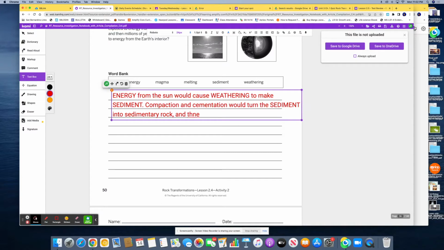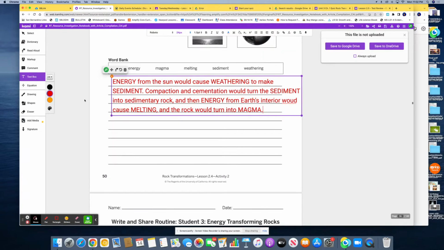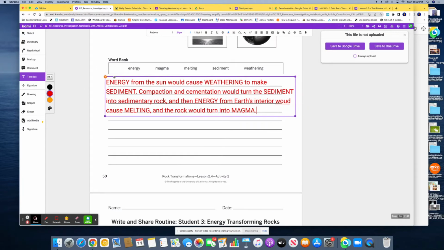And then energy from Earth's interior would cause melting, and the rock would turn into magma.